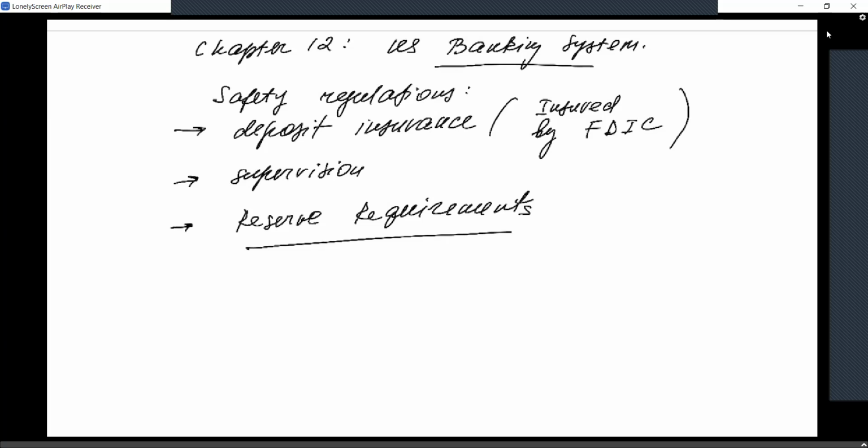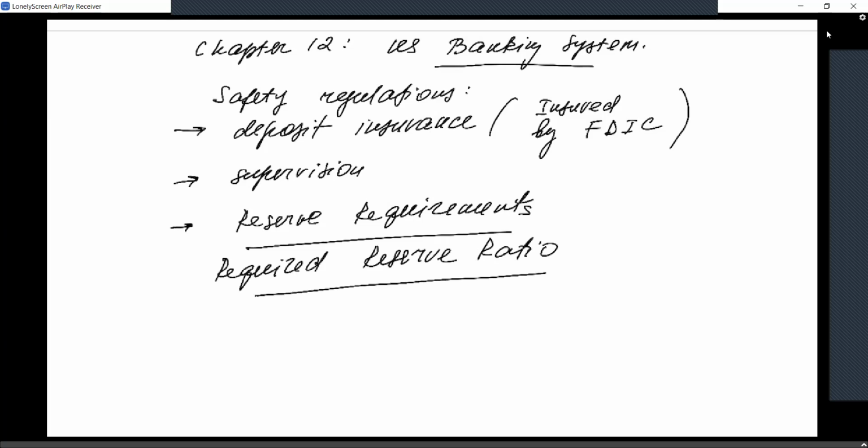Reserve requirements are set for every commercial bank, no matter how small, no matter whether it's a state bank or national bank. Every commercial bank that deals with customers gets its own required reserve ratio, RRR.